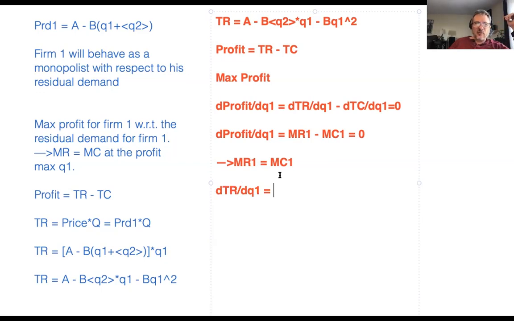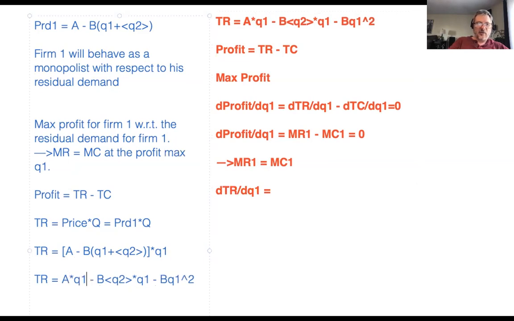So there was one thing I forgot to add here, though. This Q1 is going to multiply also the A. Okay. So when I expanded down here, I didn't catch everything. Okay.